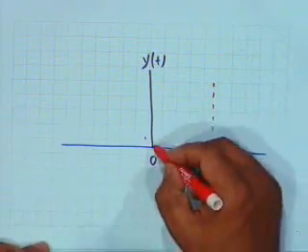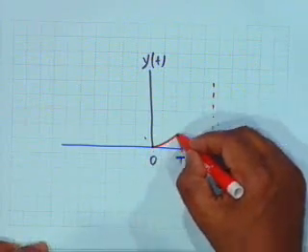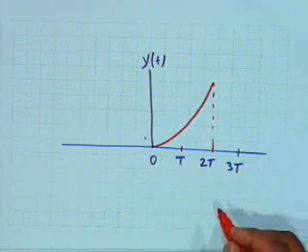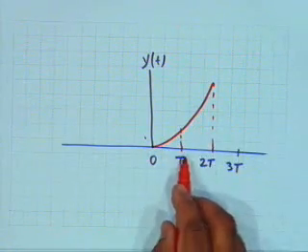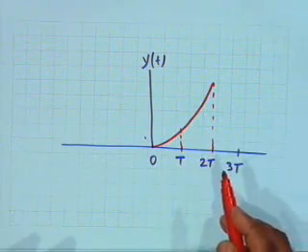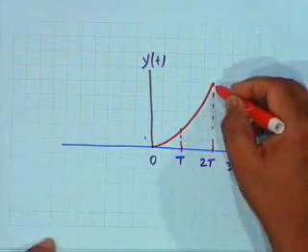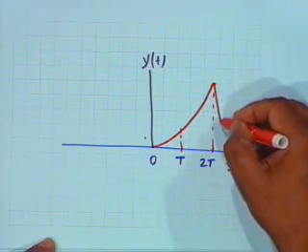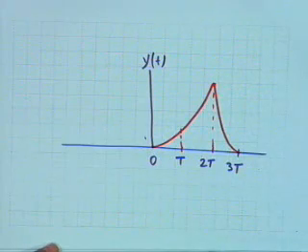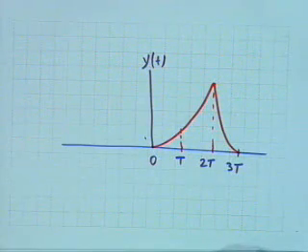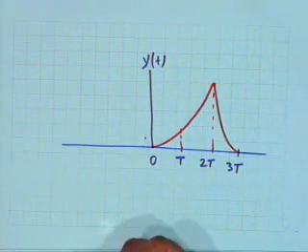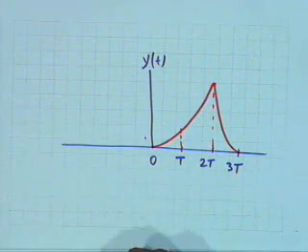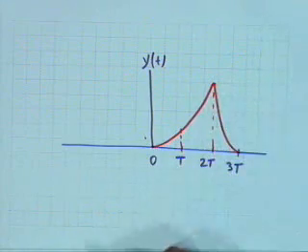You can find that it reaches a maximum at 2t, and it's more or less continuous between 0 to capital T and capital T to 2t. It's more or less a continuous curve, and then there is a discontinuity. It decays to 0 at 3t. This is the total shape of the curve, and therefore the output shall be in the form of a pulse of this particular shape.